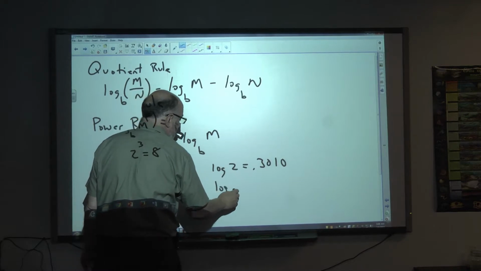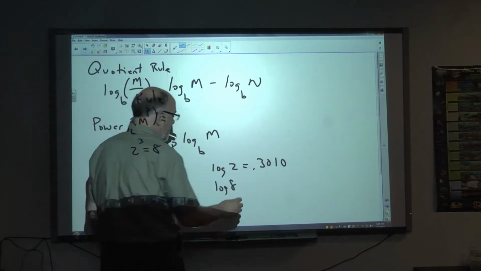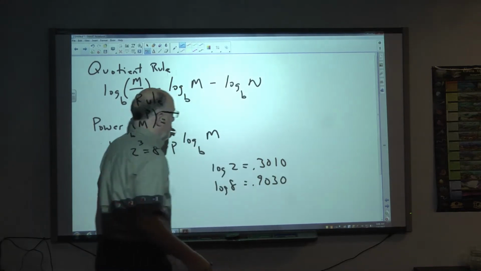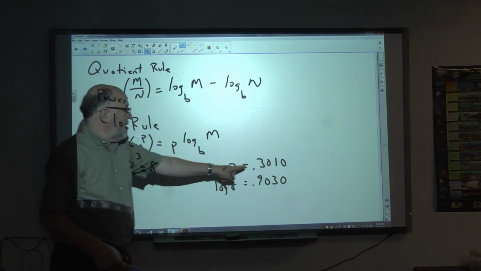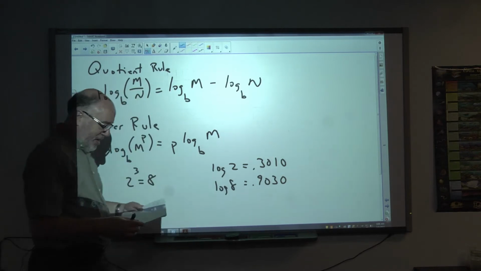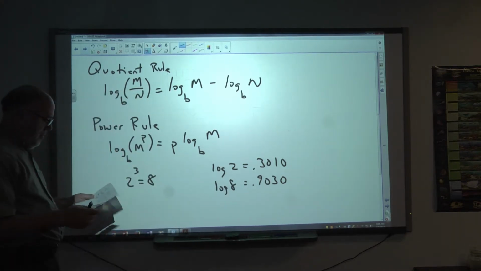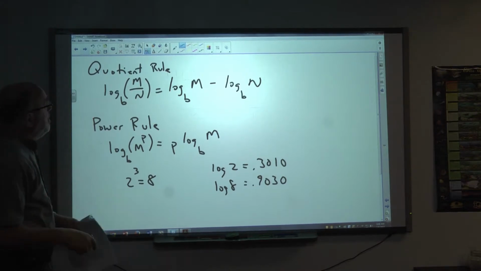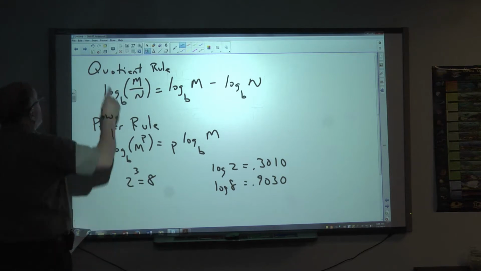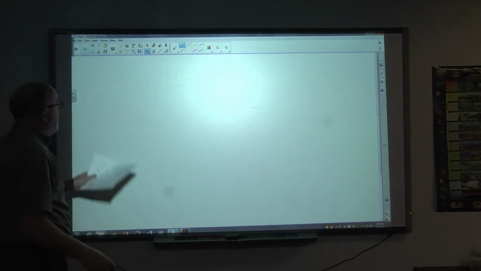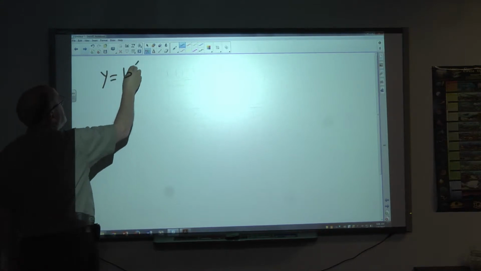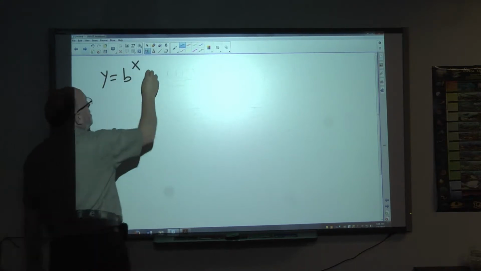The log of 8 is 0.9030. If I take the log of 2 and multiply it by 3, I get that number. So we have those 3 rules, and we'll make use of those in terms of solving for an unknown. And then the other thing you need to know is what we had last week, the exponential form.